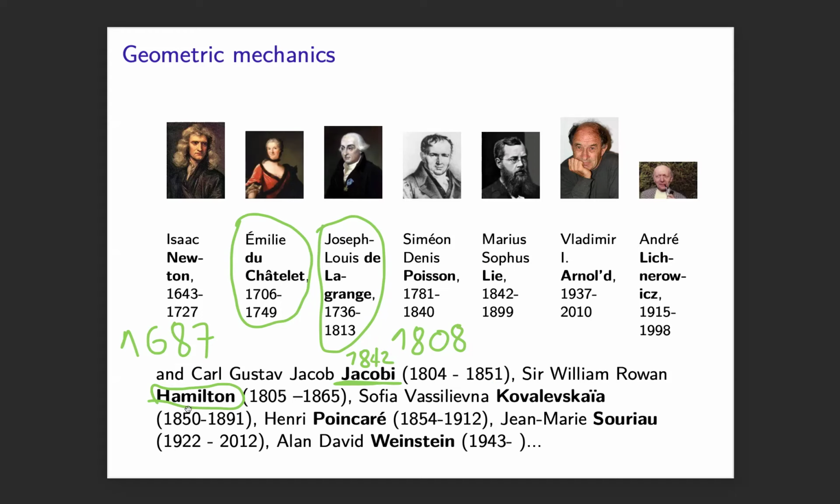So those are dynamical systems related to the second law of Newton. And he helped to formalize the Hamiltonian system. So Hamilton's work was also mainly during the first part of the 19th century.